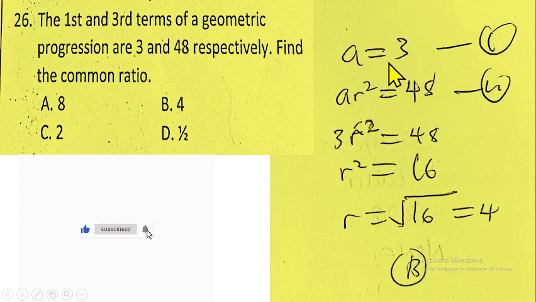That means you have 3r squared equals 48. You can divide both sides by 3, r squared equals 48 divided by 3, which gives us 16. Then you can take the square root of both sides to find r, which is the common ratio. So the common ratio will be 4. So option B is the correct option for question number 26.